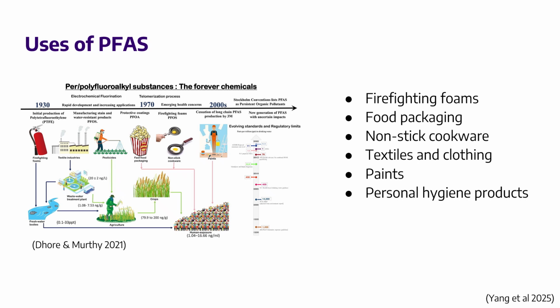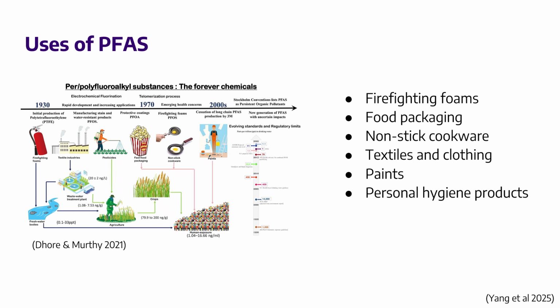It is thought that the usage of PFAS in these consumer goods is how PFAS has permeated into humans and the bloodstream. PFAS is also used in textiles and clothing, such as in waterproof clothing and coats and stuff like that. PFAS is also used in paints and in trace amounts in personal hygiene products.